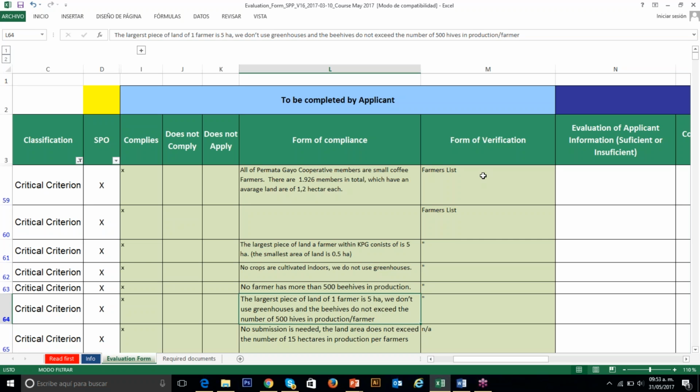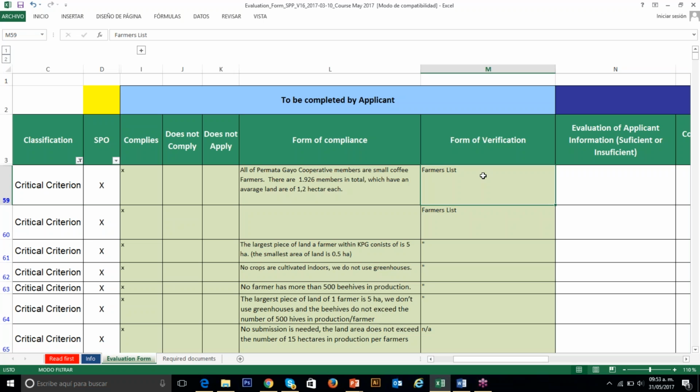In the farmers list, the evaluator could check all the names of the members, the locality, and the size of the production unit. Then it is okay if they wrote farmers list. The evaluator would have to check this list.